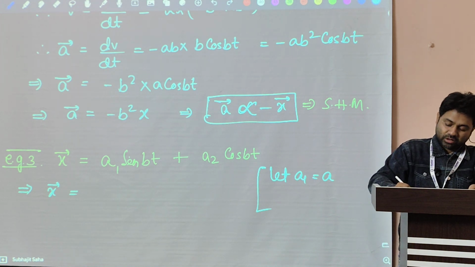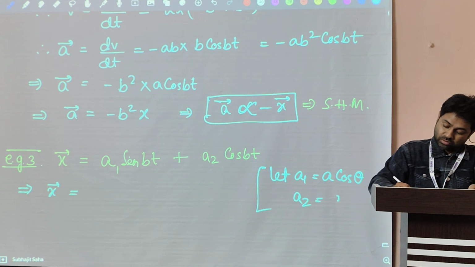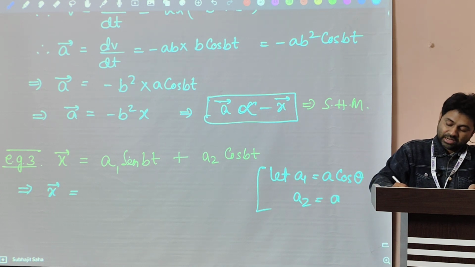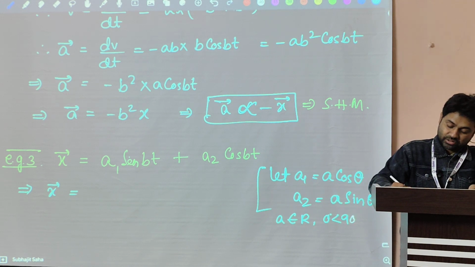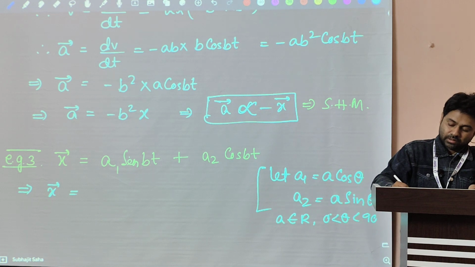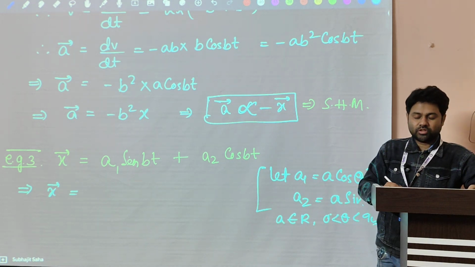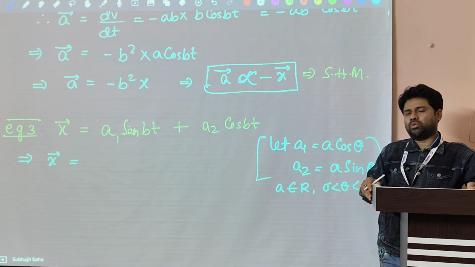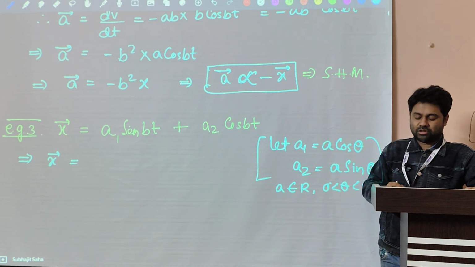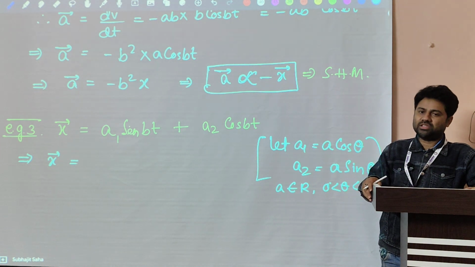Say a1 equals to a cos theta and a2 equals to a sin theta, where a is any real number, theta is any angle between 0 to 90 degrees, an acute angle. By trigonometry this is possible. You can take any real number in the world and convert it to this form, a cos theta, and you can take another number to be a sin theta.